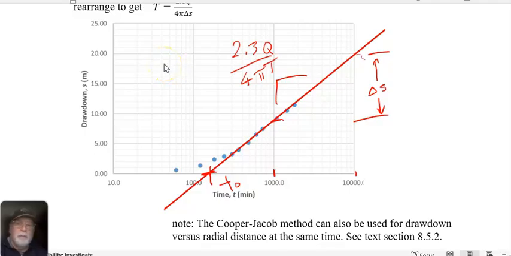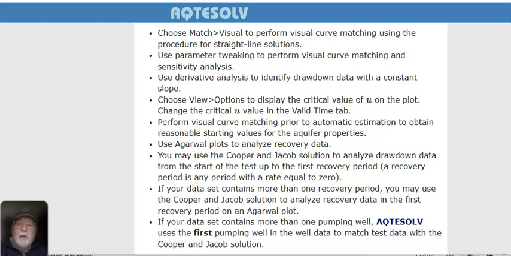And like I said a number of times now, we're trying to do just the most basic variation of 3 specific tests. Octasolve will have a lot of different variations on it. Looking at the Octasolve of the Cooper-Jacob method, it seems to imply you do it by a visual match, that they don't have an automatic one. Notice it also talks about you can do right up to the first recovery period.